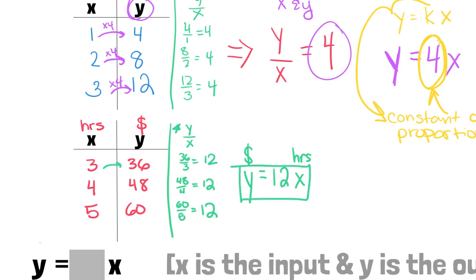You can also think of it as 3 times 12 is 36, 4 times 12 is 48, and 5 times 12 is 60. So that is the relationship right here. It is proportional, and here is our equation. This is the constant of proportionality.